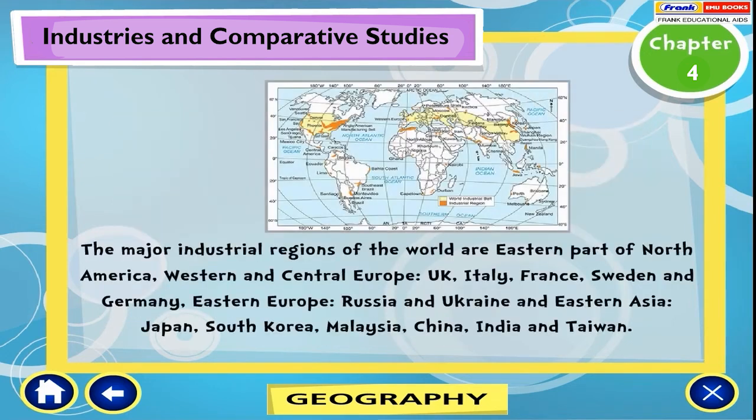policy. The major industrial regions of the world are eastern part of North America, Western and Central Europe, UK, Italy, France, Sweden and Germany, Eastern Europe, Russia and Ukraine, and Eastern Asia, Japan, South Korea, Malaysia, China, India and Taiwan.